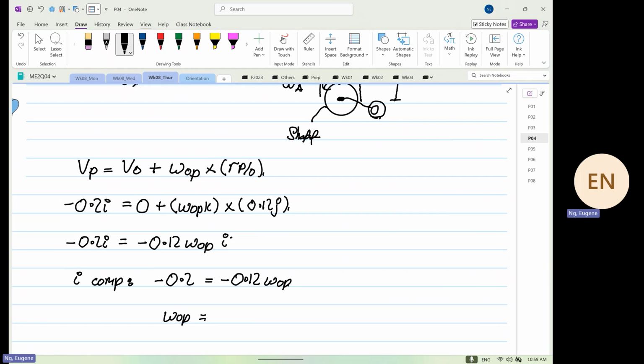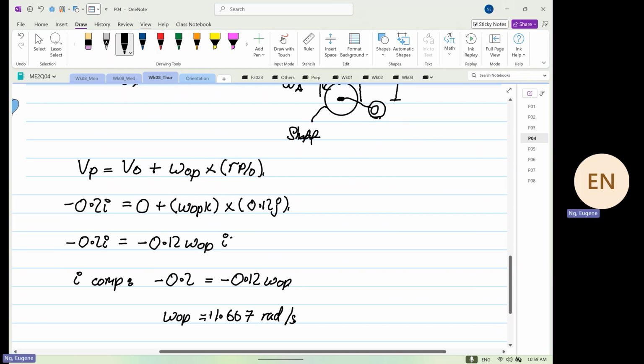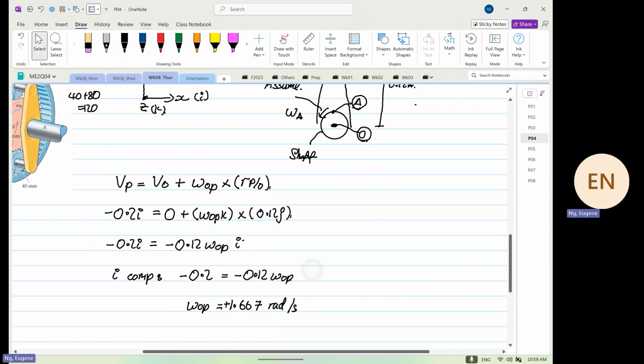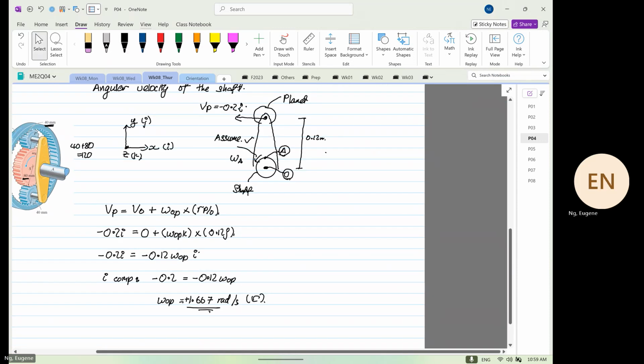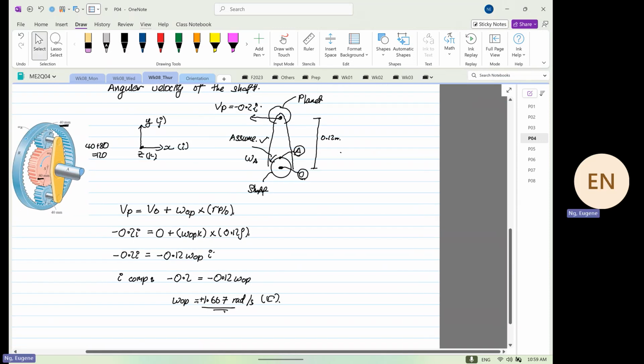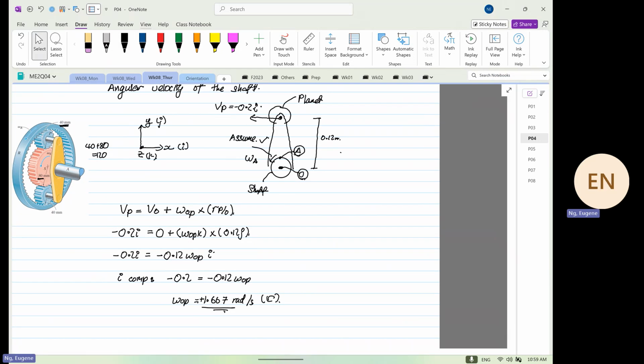So it's equal to 1.667 radians per second. And it is positive. Positive means the assumed direction is correct. So the direction is going this way. Right. So that is all that we are going to do for planetary gears.